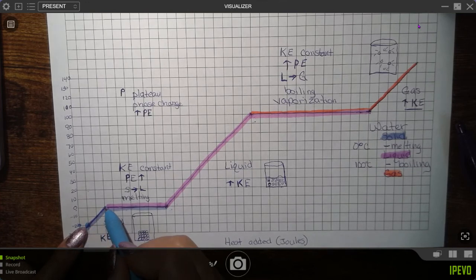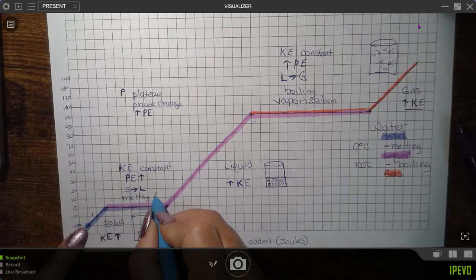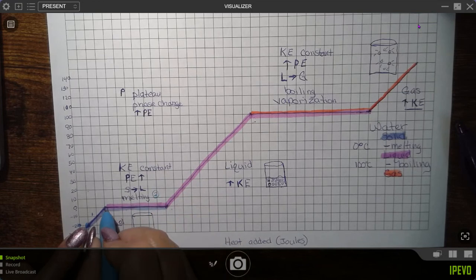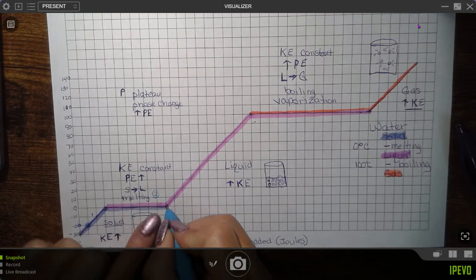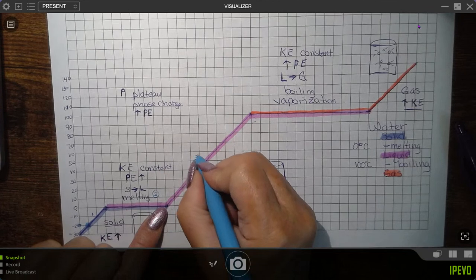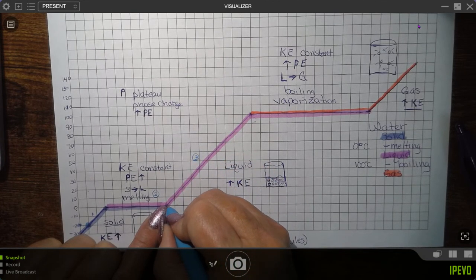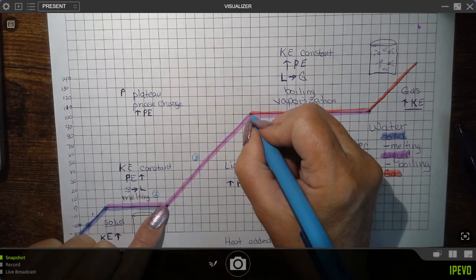So leg one will be heating the ice. Leg two will be melting the solid ice to liquid. Step three will be converting liquid at 0 degrees Celsius to liquid at 100 degrees Celsius.